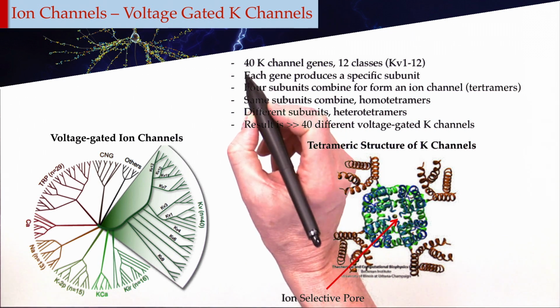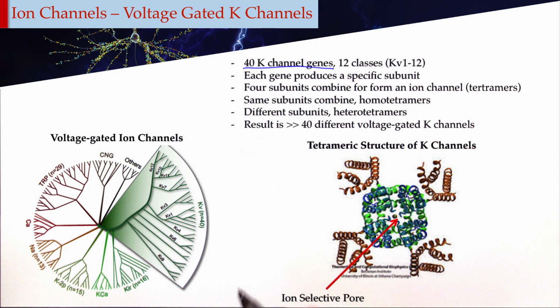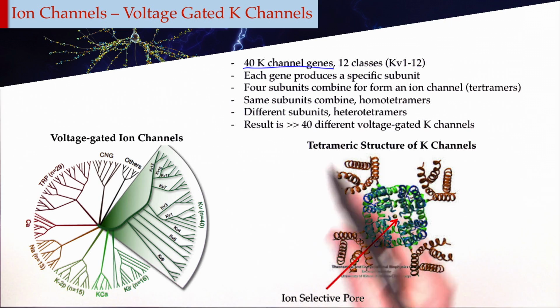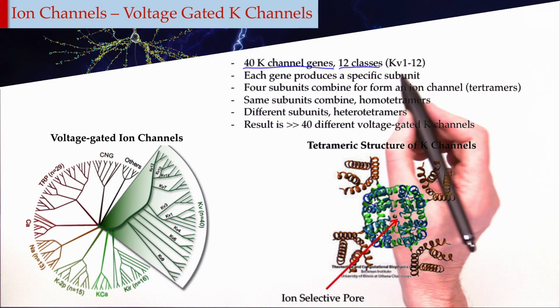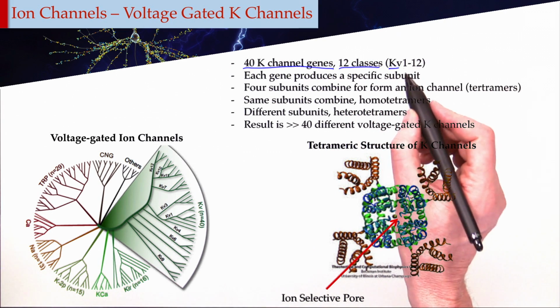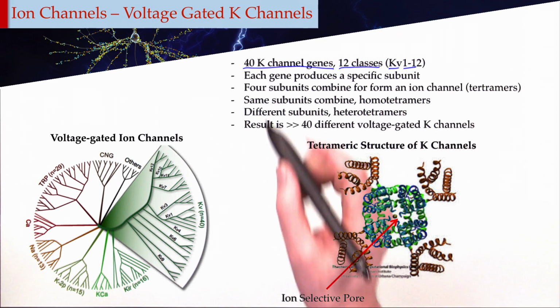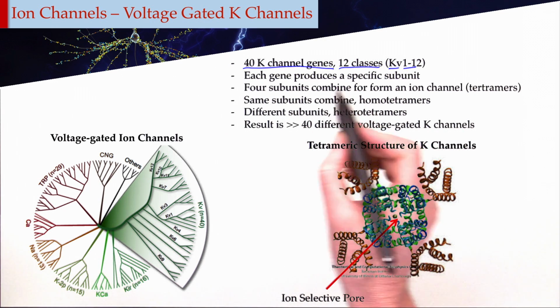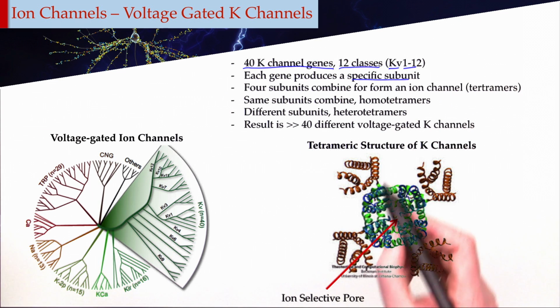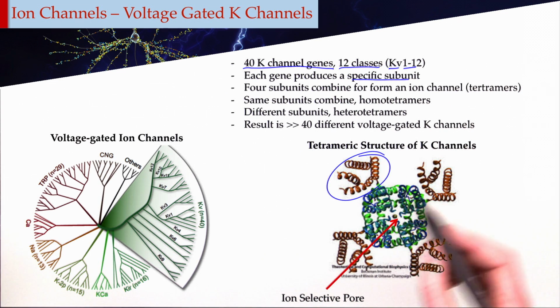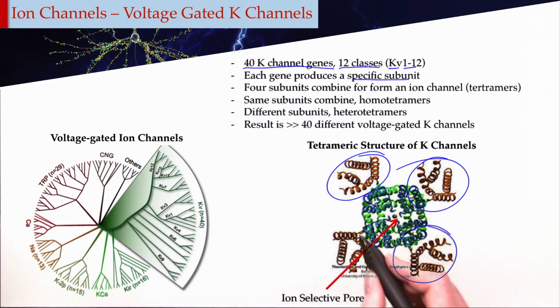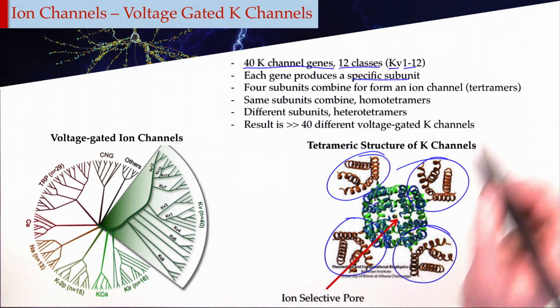There are 40 genes, only 40 genes in mammalian tissue, and many of them are also similar in plants and others. In 12 classes, they're called KV1 to 12, and each gene produces a specific subunit, and you have to combine 4 of them together to form a channel.